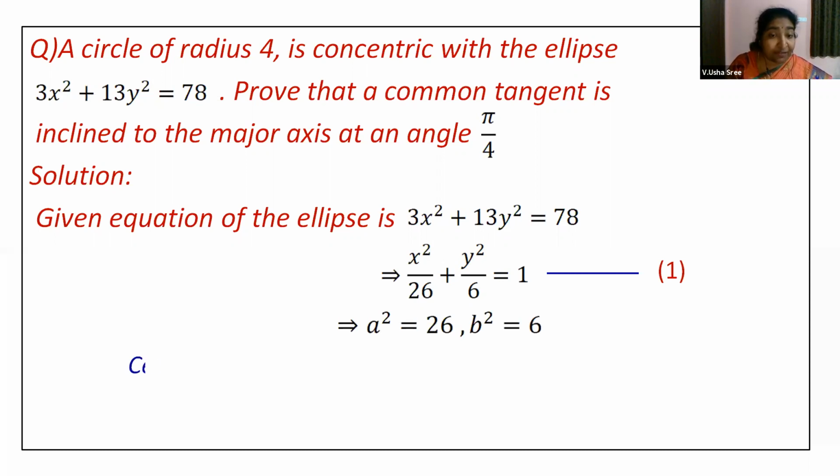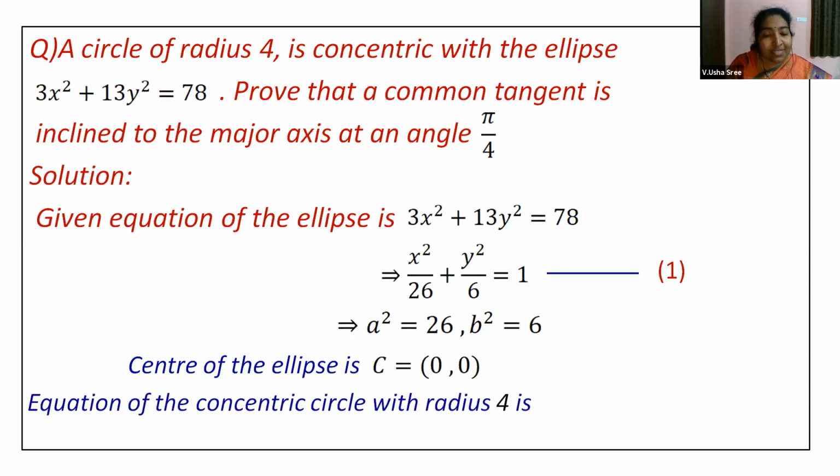Now, what is the center of this ellipse? It should be 0, 0 only. Isn't it? Then the equation of the concentric circle with radius 4. What is concentric? The circle is concentric with the ellipse. That means the center of the circle and the ellipse are the same.